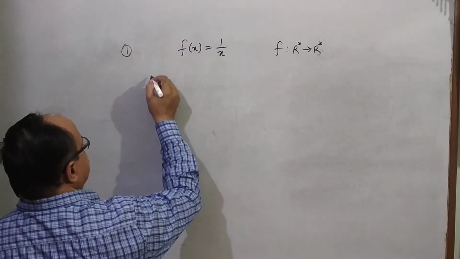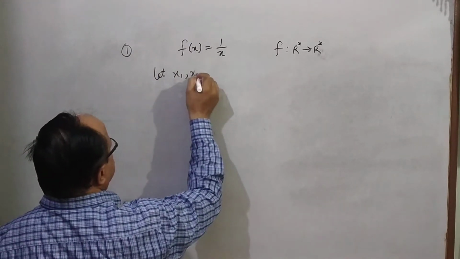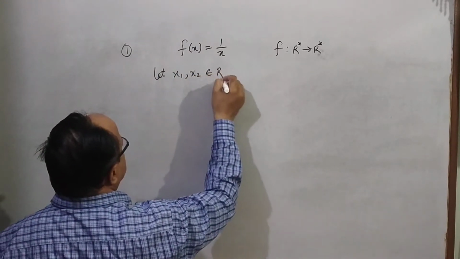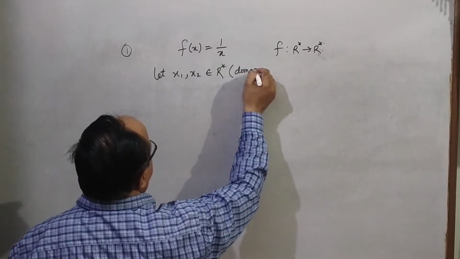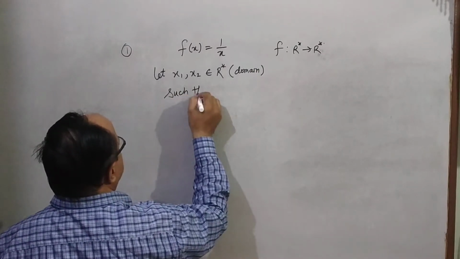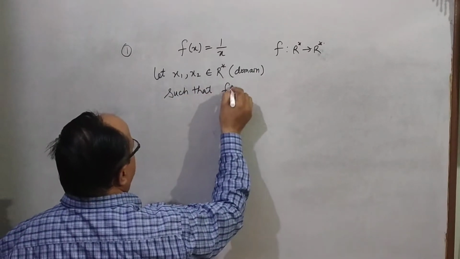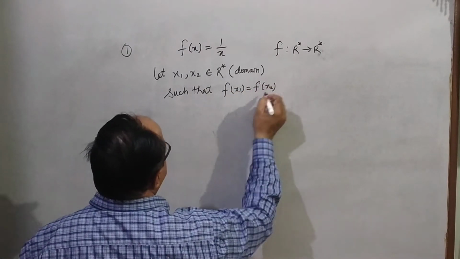If we want to prove that it is 1-1 or not, let x1, x2 belong to R star, that is the domain, such that f of x1 is equal to f of x2.